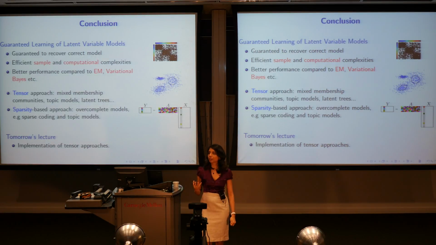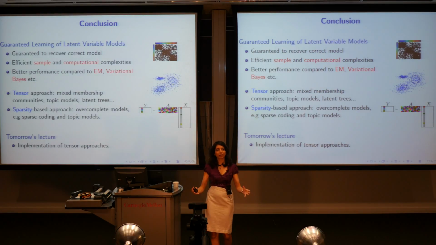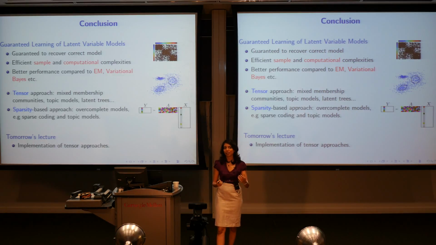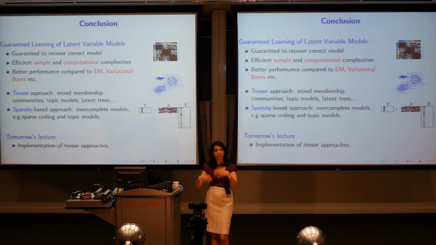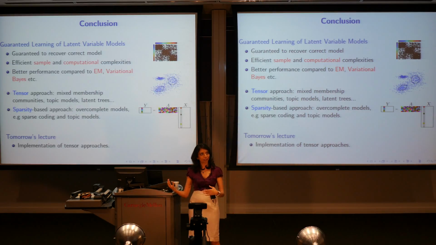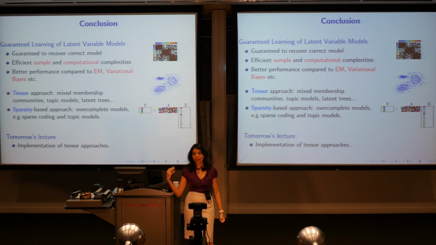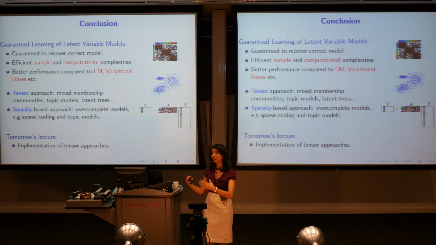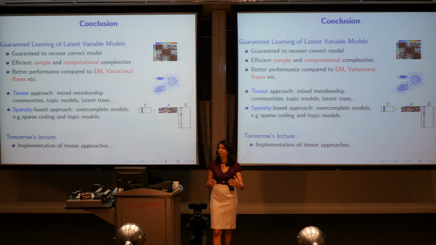Yeah. So in conclusion, we saw that there is a variety of different latent variable models for which we can express the moments as a set of equations that can be solved tractably using the tensor method. Right? So the tensor method used some simple SVD operations to convert it to an orthogonal form, and then we saw how the power method can recover the components.